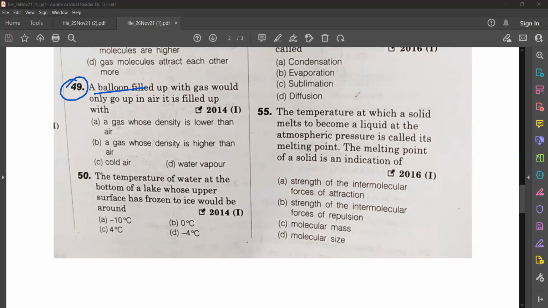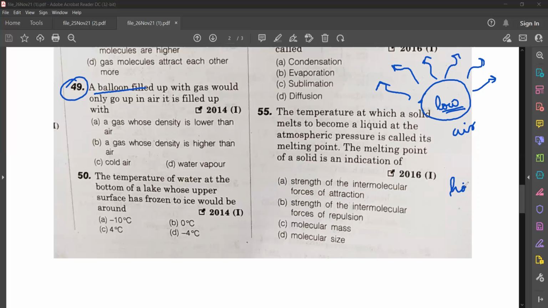Okay, so for a balloon to go up, what should be there? Its density should be low, isn't it? Its density should be lower than that of air. Then only the balloon can go up. Otherwise, the balloon will come down.